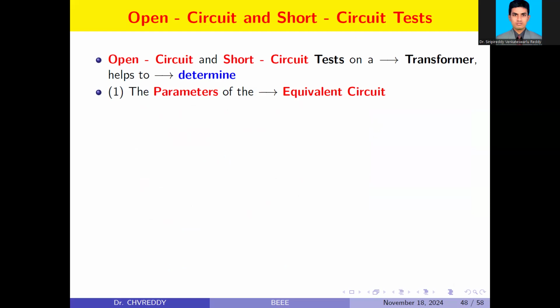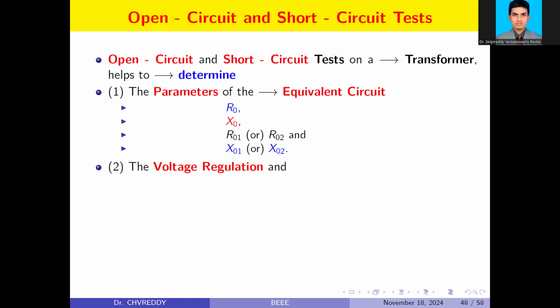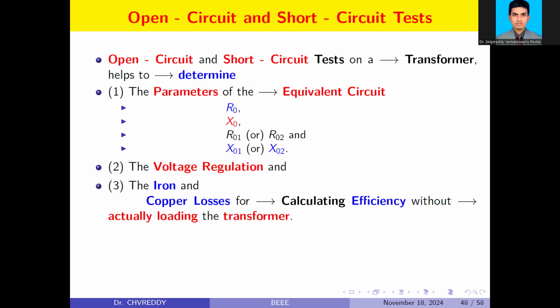The first one is R0, X0, and R01 or R02, and X01 and X02. The second one is the voltage regulation. And the third one is iron loss and copper loss for calculating the efficiency without actual loading of the transformer.